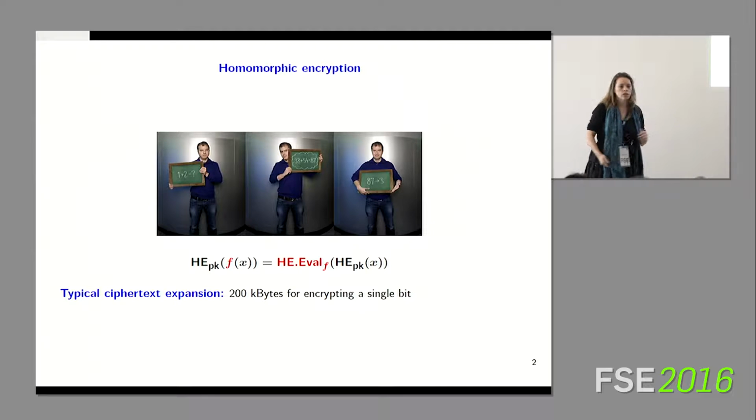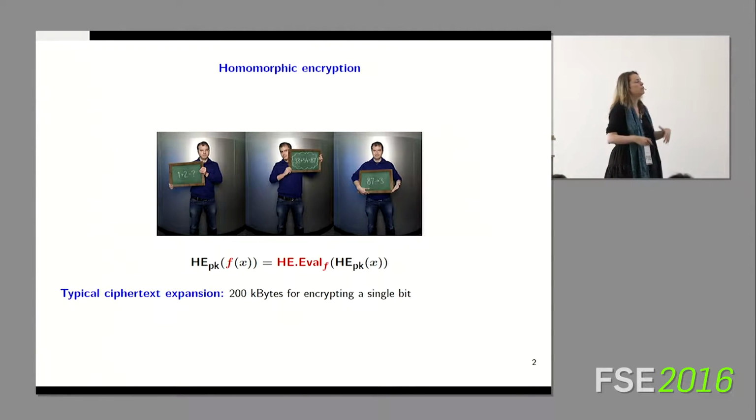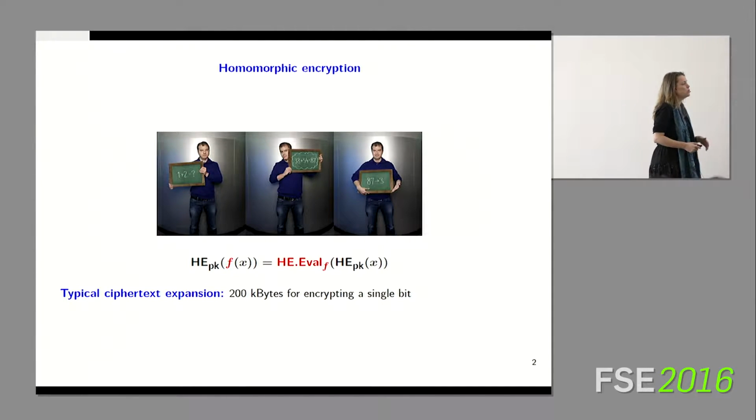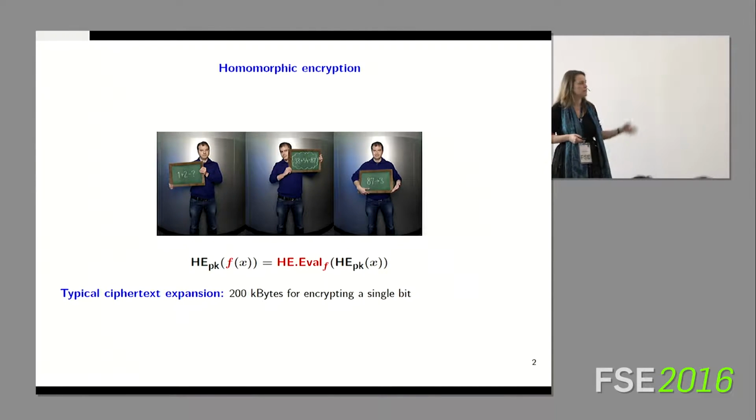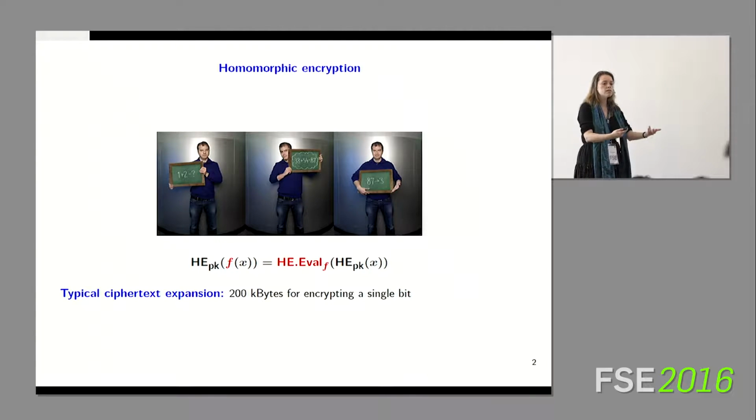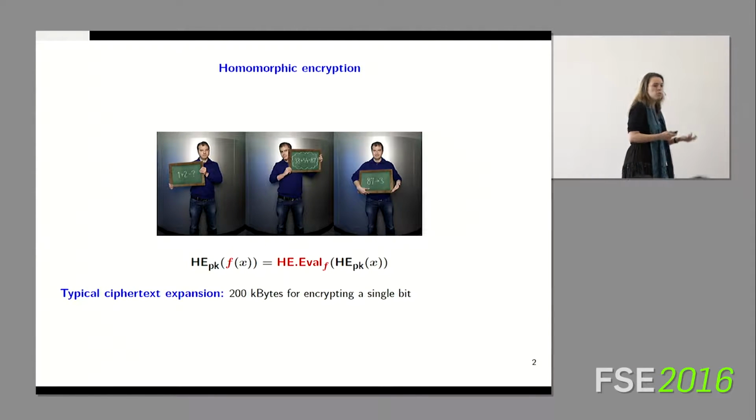But one of the major issues in these fully homomorphic schemes is that they have a huge ciphertext expansion. So typically, if we want to encrypt a single byte, then we need roughly 200 kilobytes of ciphertext. So this means that in practice, transmitting the data encrypted under the homomorphic scheme is not possible.